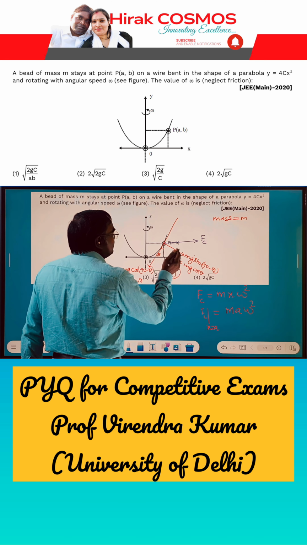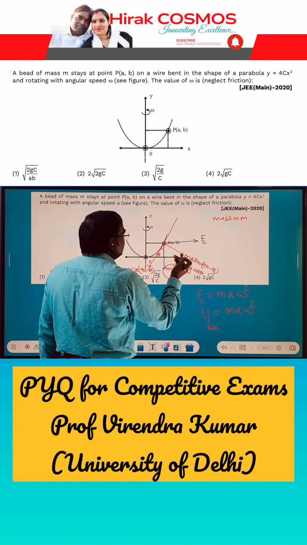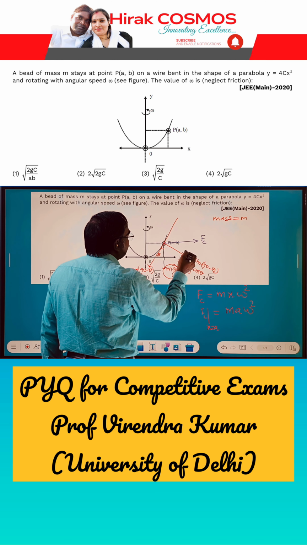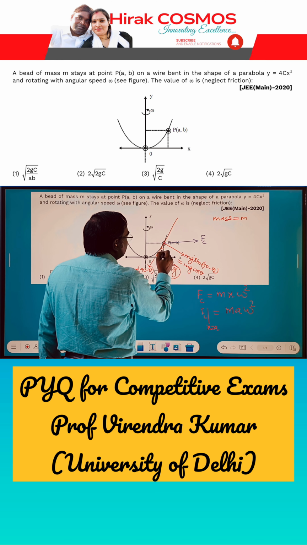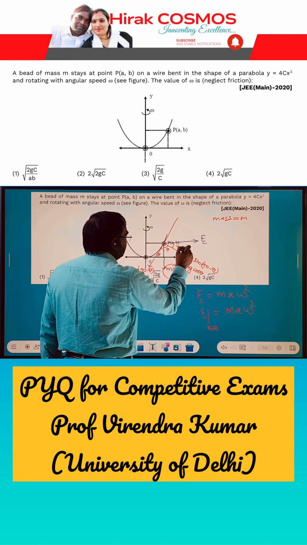So if you resolve this centrifugal force into two perpendicular components, let us find that. So this is the 90 minus theta and this is the theta, right, again. So this is theta, this will become the 90 minus theta.